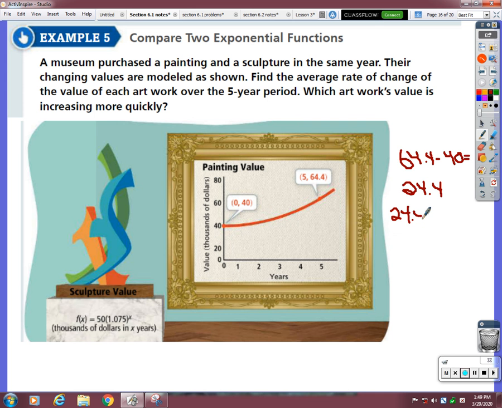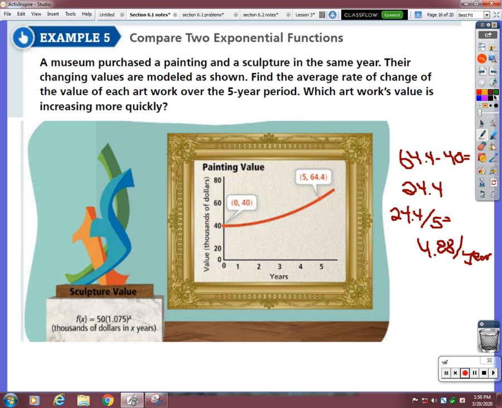So if I go $24,400 divided by 5, I'm feeling like that's going to give me, I had it. If I divided by 10, that'd be 2.44, so divided by 5 is going to be twice that, or 4.88. There we go. So it went up by on average $4,880 per year.